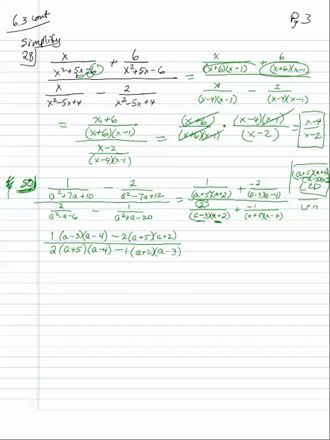Okay, so now what you need to do is multiply everything out. So we're going to get a squared minus 4a minus 3a, that's minus 7a plus 12, minus 2 times a squared plus 7a plus 10, and then we've got to distribute that negative 2.